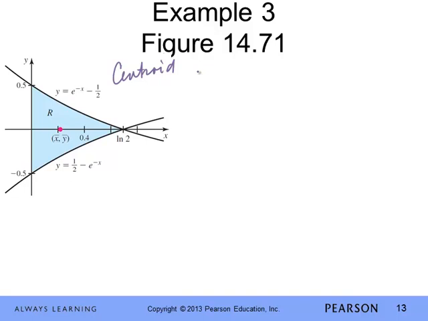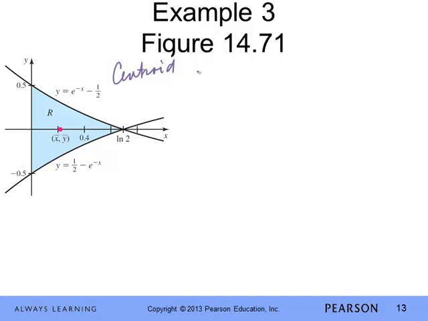Now, take advantage of symmetry. It turns out for this particular object, this region, that there's symmetry with respect to the x-axis. So y bar is 0. So now you just need to find x bar.